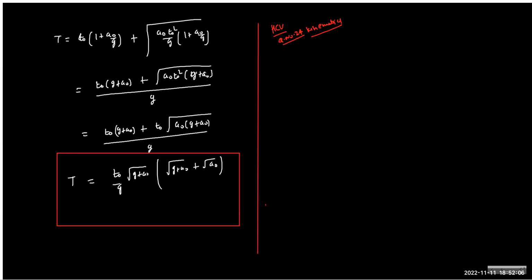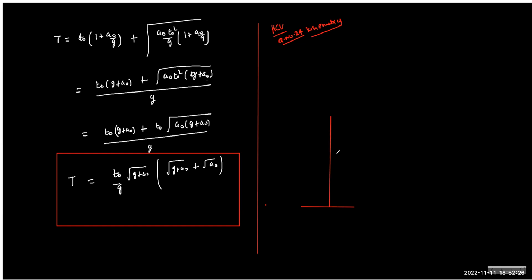Sir, is there any other method to solve this question? Yeah, you can use the basic analytical equations. So you can draw a diagram like this. For the time t naught, it will accelerate. So how much will it travel upward?